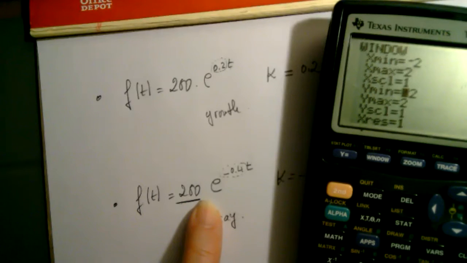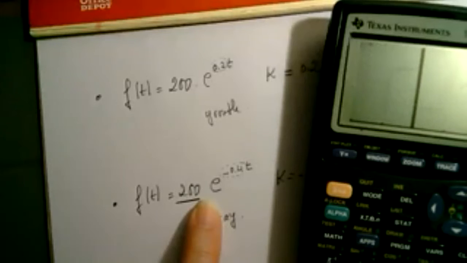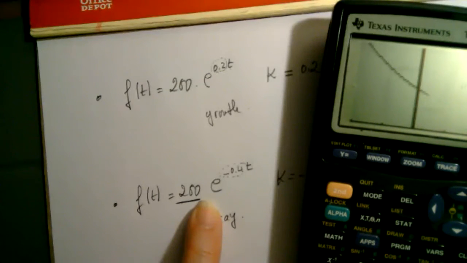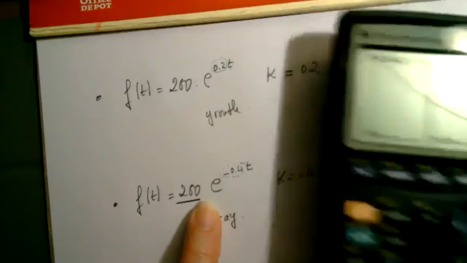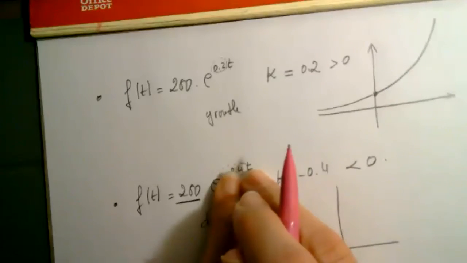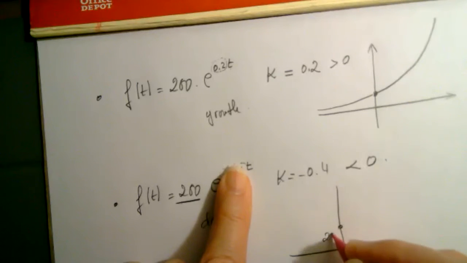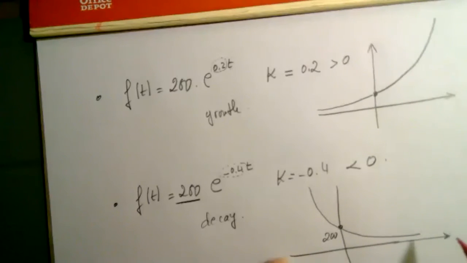So I want the y range to go up to something like 400. After that, I graph it. It's definitely a decreasing function. That's the effect of k. If t is 0, I am at 200, and this will be a decreasing function. It's always positive, but it will be decreasing.